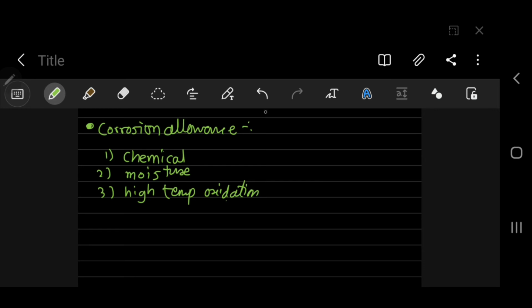One thing is remaining, I will write it here. What is corrosion allowance?